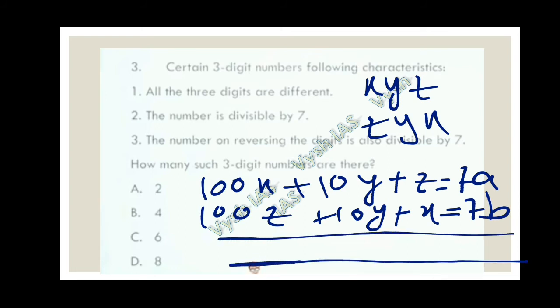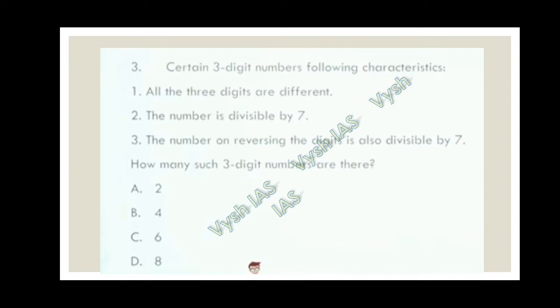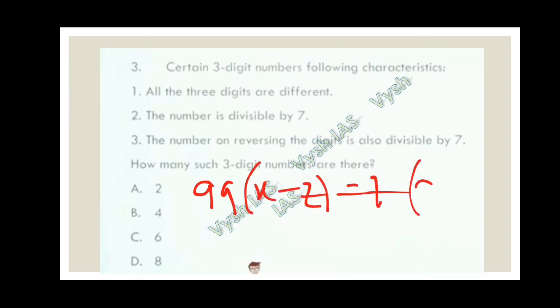So let's subtract the numbers. 100x minus x is 99x, 10y gets cancelled, and minus 99z equals 7 into a minus b. This is the resultant equation: 99 into x minus z equals 7 into a minus b.